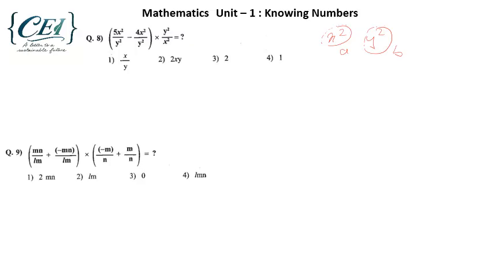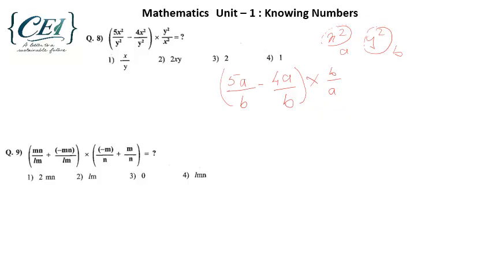X square is a. So 5x square is 5a. Correct? Upon y square. Y square is b minus 4a, x square is 4a. Correct? Upon y square is b. So we have to first solve this bracket and then multiply by x, y square is b and x square is a.